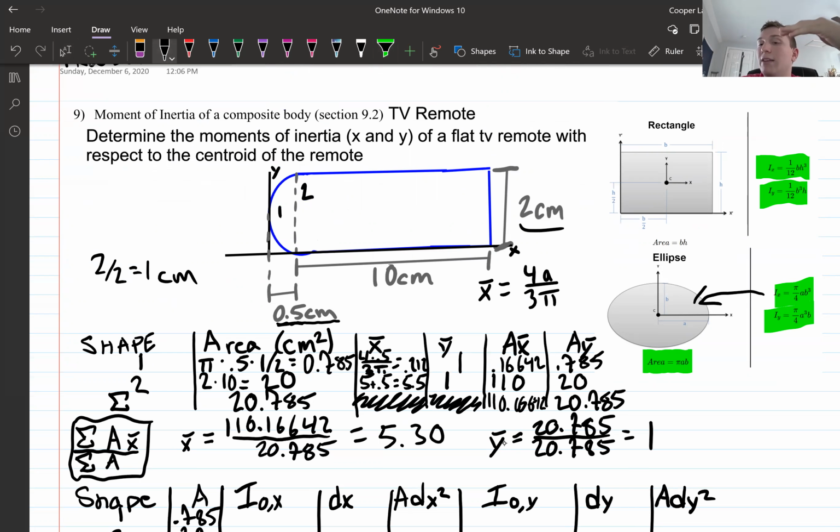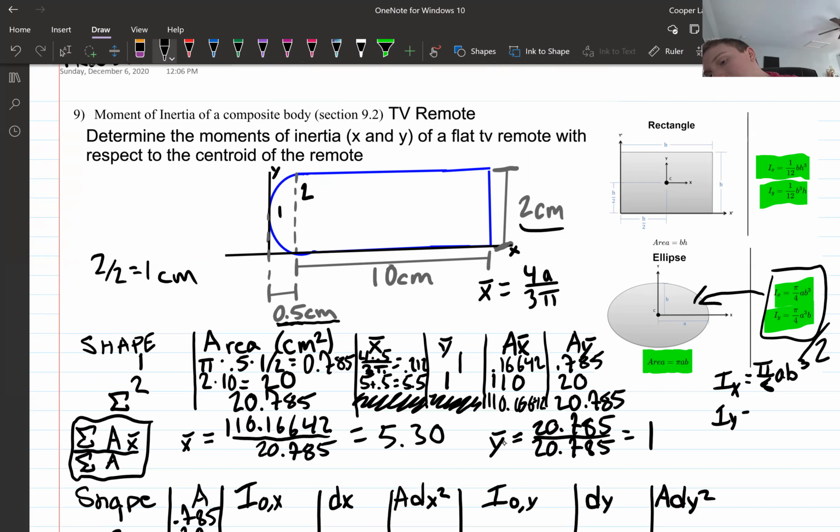However, we need it for a semi-ellipsoid. So I'm going to have to take these values and divide them by 2. When I divide those by 2, I get I sub x equals pi over 8 ab cubed, and I sub y equals pi over 8 a cubed b.